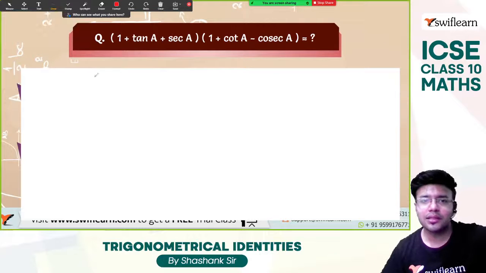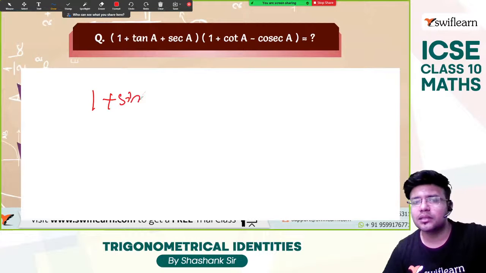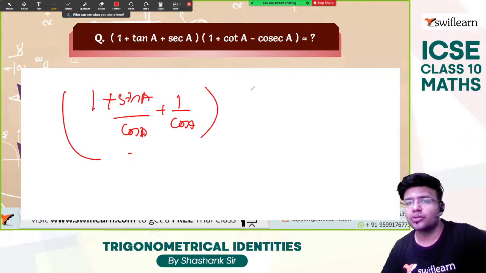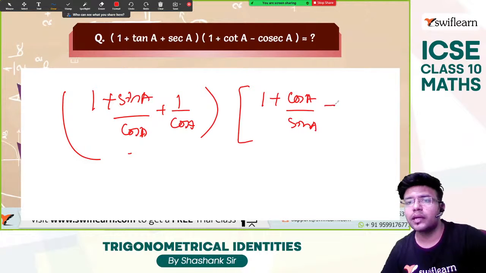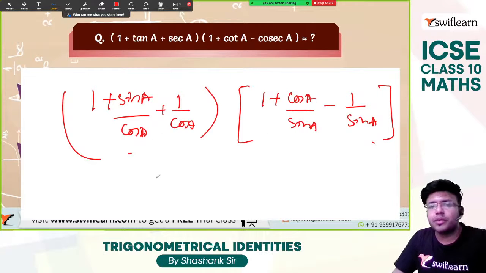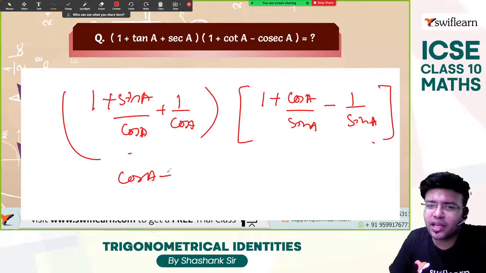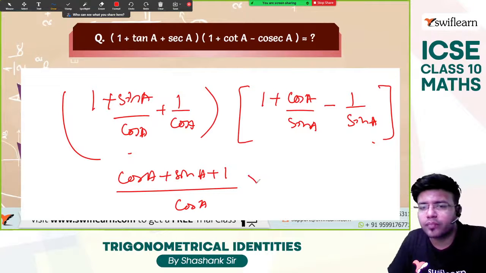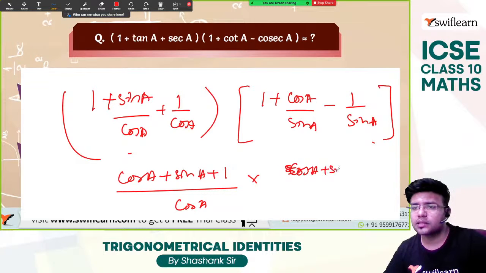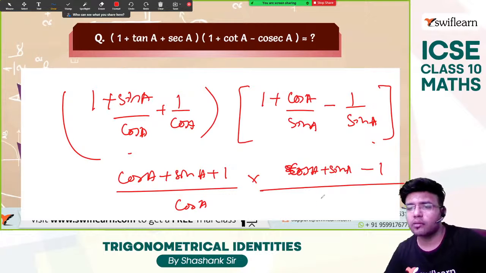Then what you can do is simplify this: 1 plus sin A by cos A plus 1 by cos A. The LCM is cos A. Here, 1 plus cos A by sin A minus 1 by sin A. The LCM here is sin A. So (cos A plus sin A plus 1) divided by cos A, into (sin A plus cos A minus 1) divided by sin A.